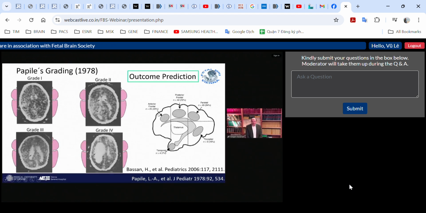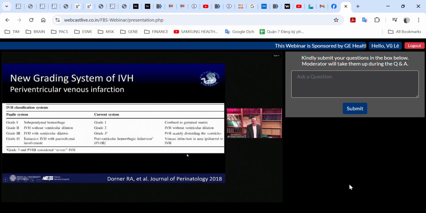One try has been done now almost 20 years ago, including the location of the hemorrhages here in this ultrasound study as well. And this is the newer proposition that we should get away at least from this original Papil system to the current system, which has changed the grade 4 hemorrhage to PVHI, periventricular hemorrhagic infarction, taking account of the fact that the brain is not always damaged by the hemorrhage itself, it's also damaged by the infarction.